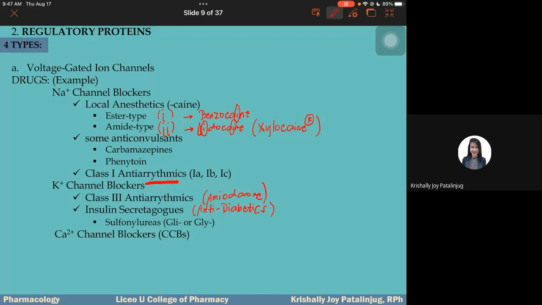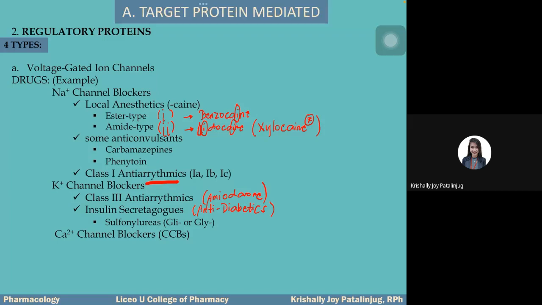Examples of insulin secretagogues are those sulfonylureas, those with a prefix gly with letter I or gly with letter Y. For example, glimepiride, glyburide, glipizide, glibenclamide. So those are examples of sulfonylureas. They are potassium channel blockers.